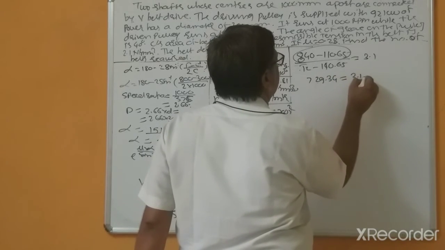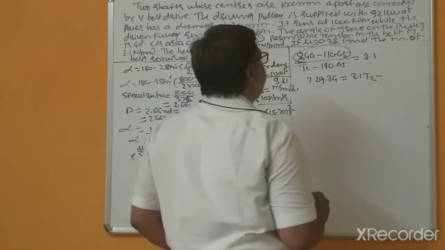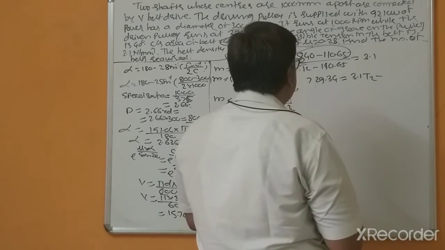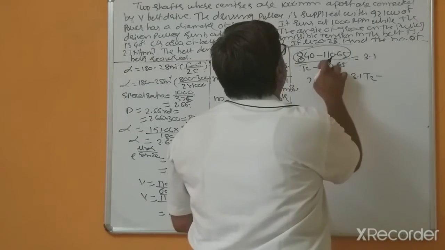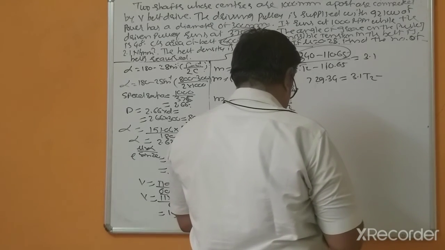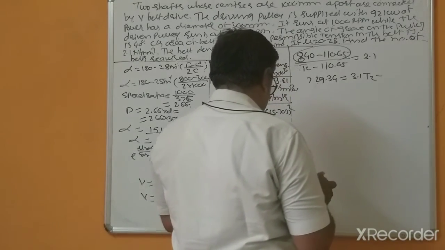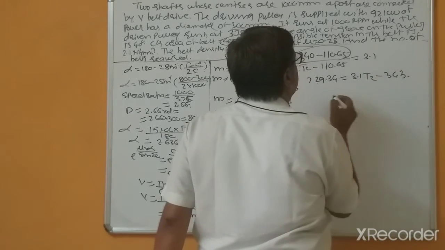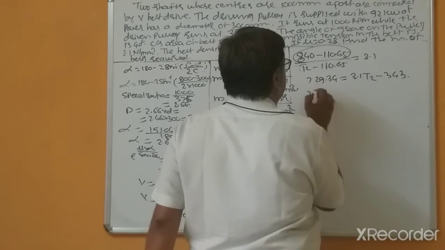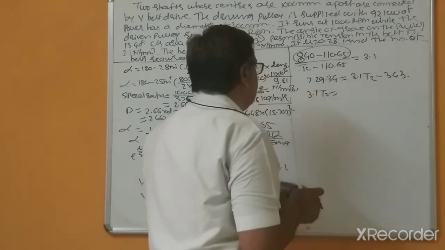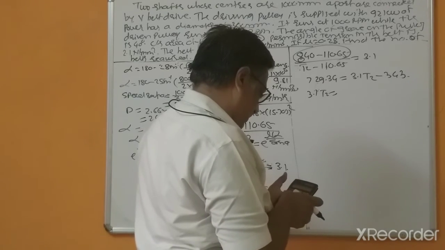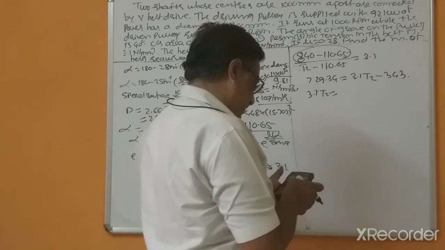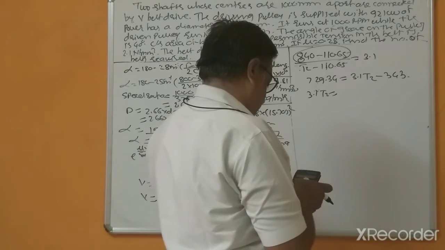Equal to 3.1 T2 minus 3.1 into 343, so 3.1 T2 equal to, divided by 3.1.